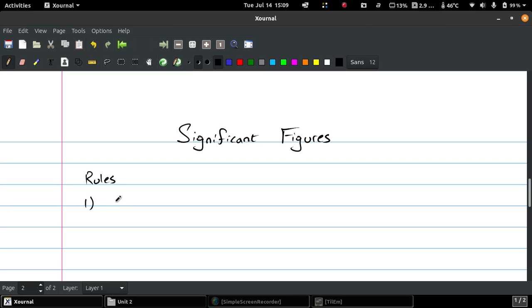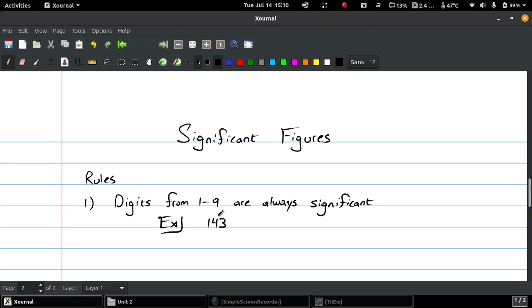So anyways, 1. I'm going to write it down. Digits from 1 to 9 are always significant. Okay, so an example would be like you have 143.